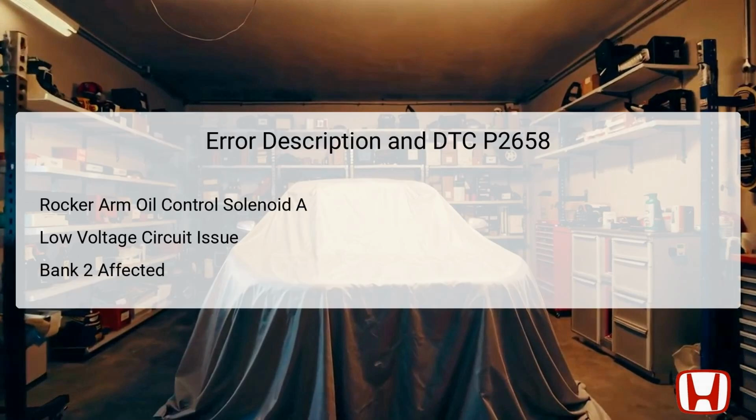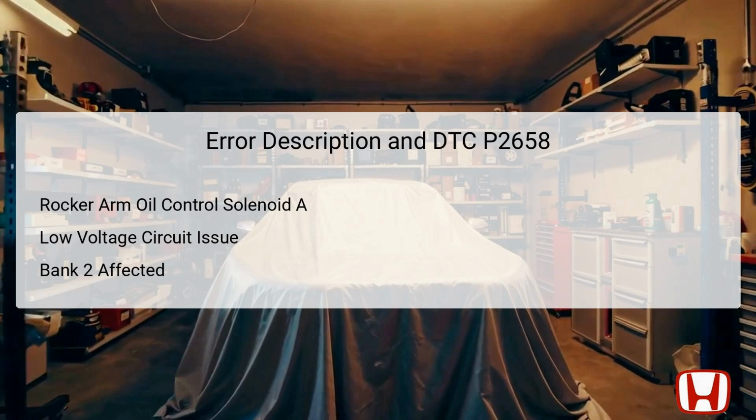DTC P2658 is identified as related to the rocker arm oil control solenoid A, specifically for bank 2. The solenoid's primary function is to manage the oil pressure delivered to the rocker arms, allowing for variable valve timing adjustments within the engine. This is crucial for optimizing engine performance and efficiency by enabling better control of the valve lift and duration.